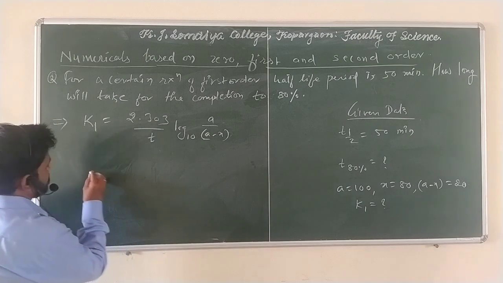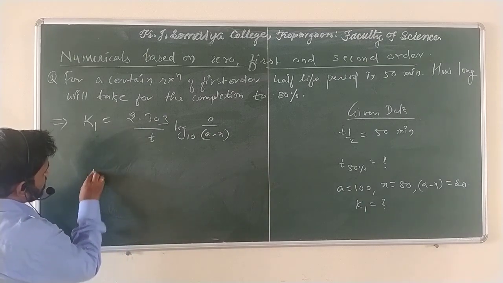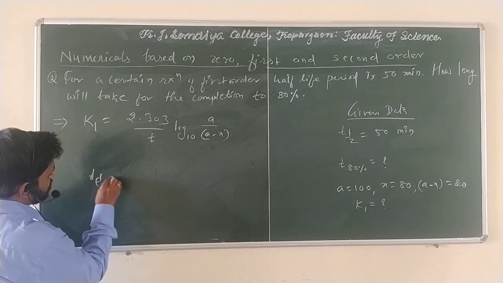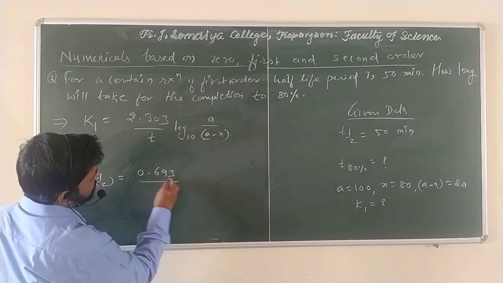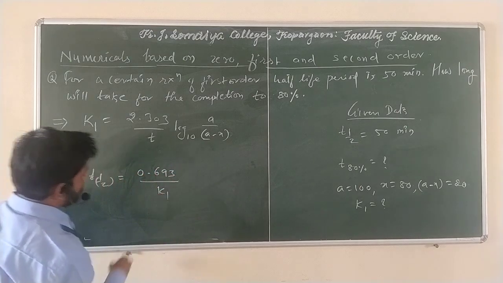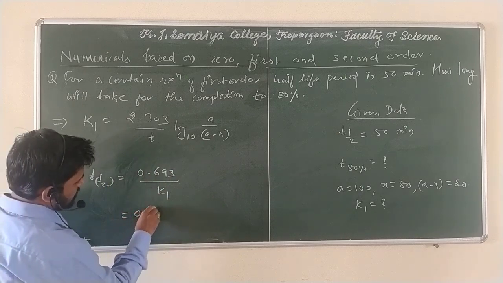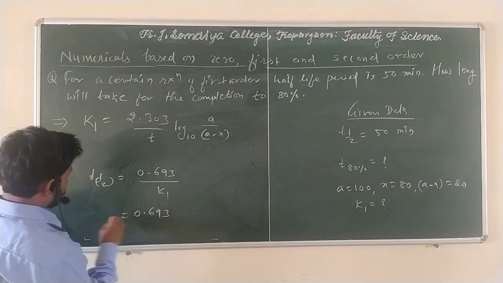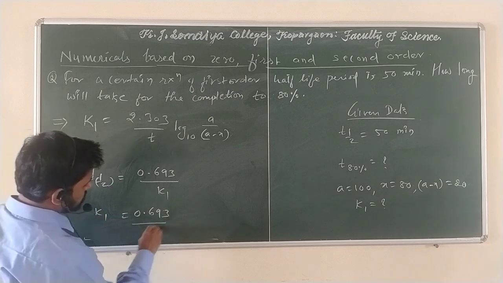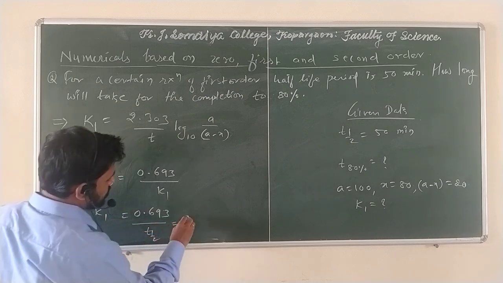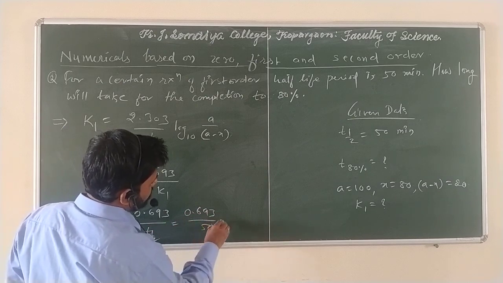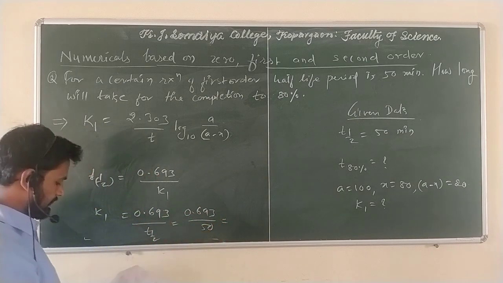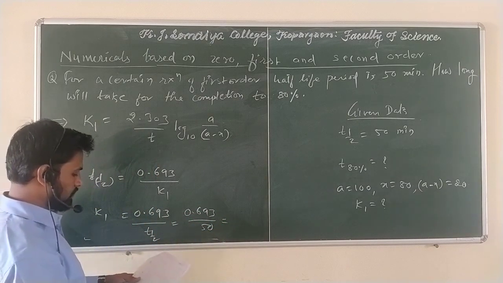So, right here, T half, we have the formula equal to 0.693 upon K1. So K1 equals 0.693 upon T half, which is 50 minutes. What is K1?